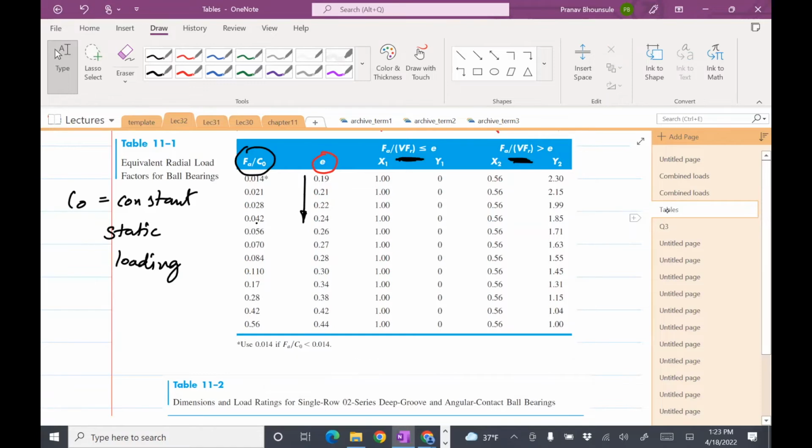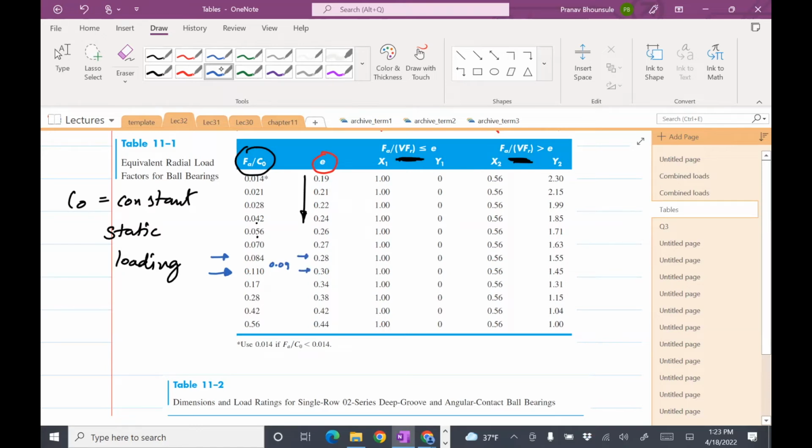There is 0.084 and 0.110. We are looking at 0.09, which is now in between these two values.